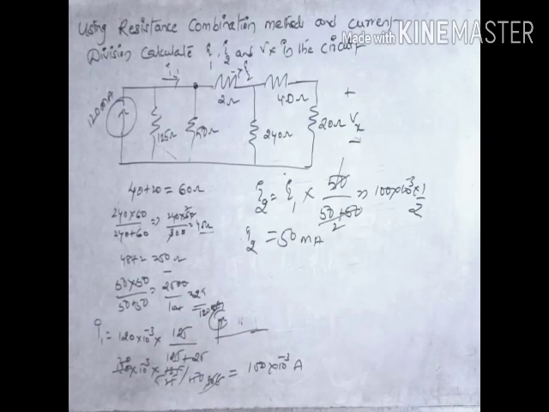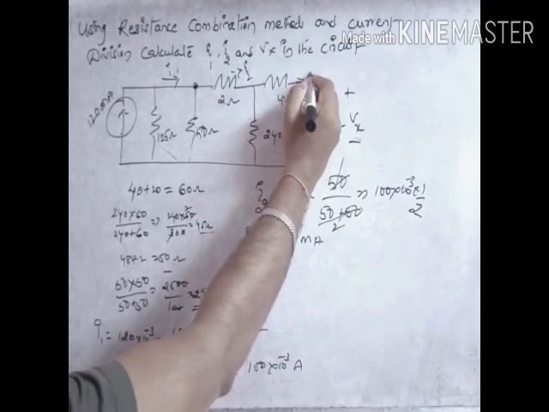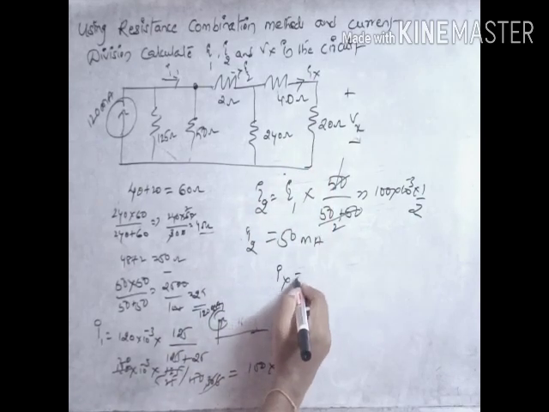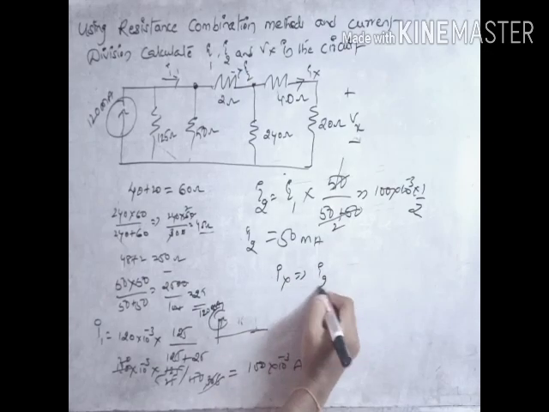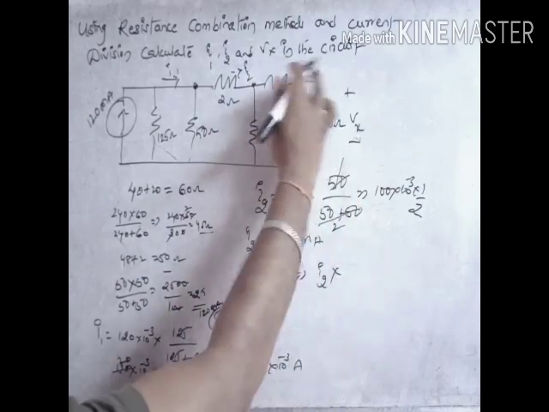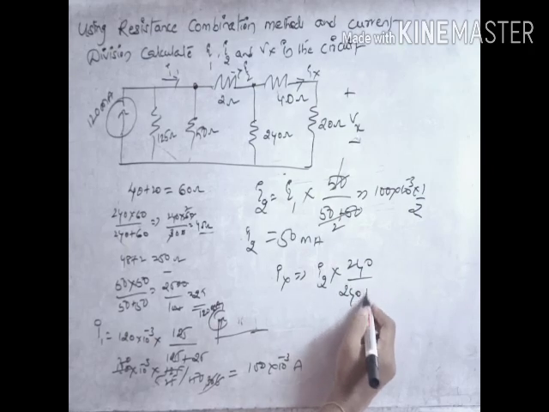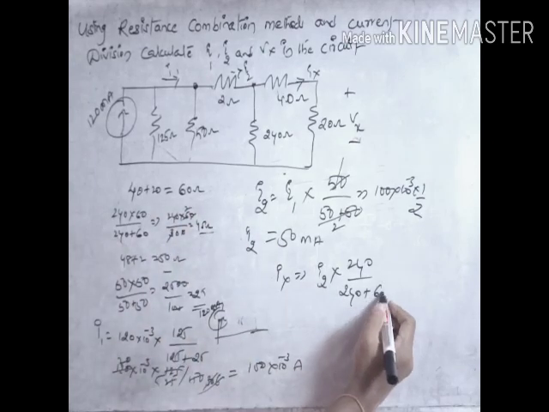Again similarly we have to calculate Vx. If we want to calculate Vx, we need to calculate Ix in this branch. So Ix equals, up to this node, the total current becomes I2 only. So I2 into, for Ix, the opposite resistance is 240 by 240 plus this total resistance 40 plus 20, 60.